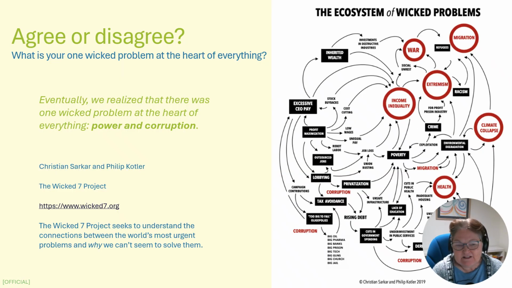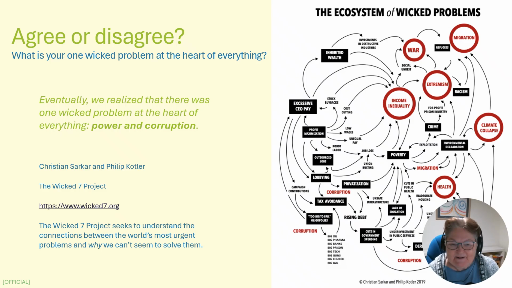So 7 years ago, Christian Sarkar and Philip Kotler put together this map of wicked problems in the world, showing how all of the wicked problems themselves are interconnected. Their 7 wicked problems were income inequality, extremism, war, migration, climate collapse, health, and something else down the bottom that's covered up by my face.